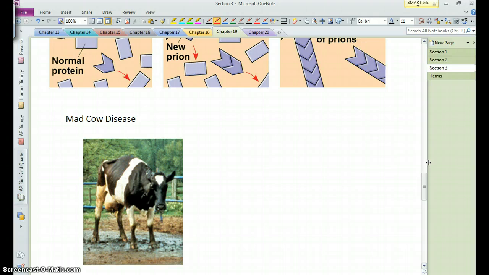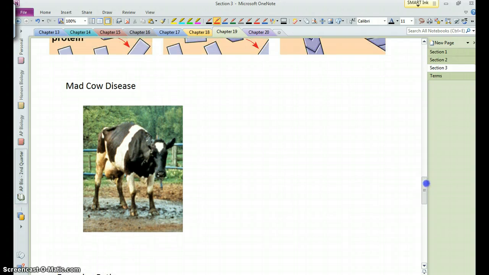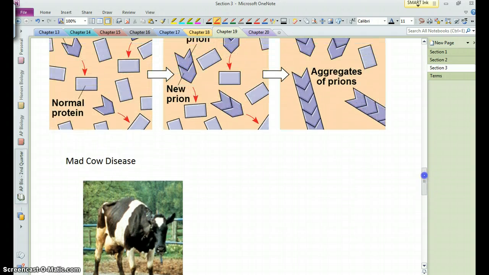In people, this is known as Creutzfeldt-Jakob disease, and it was discovered in Indonesia, I believe, with these headhunting societies who would eat the brains of people they had vanquished, and the prions were transmitted that way.